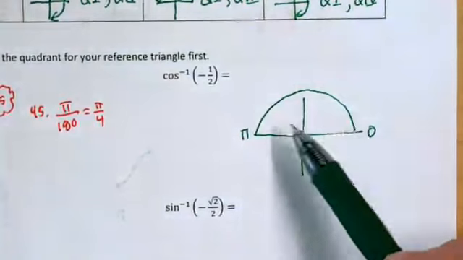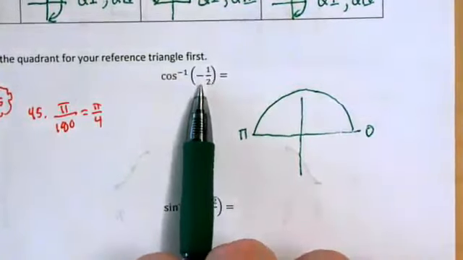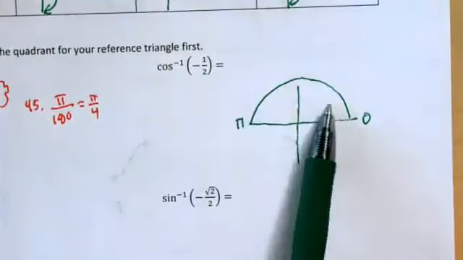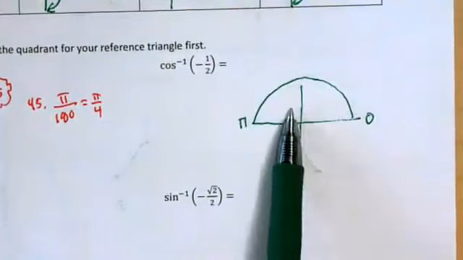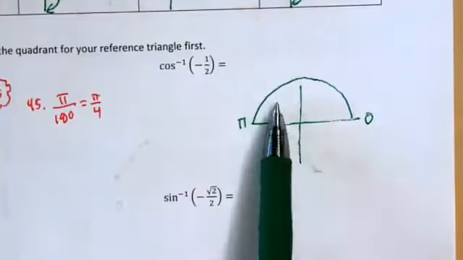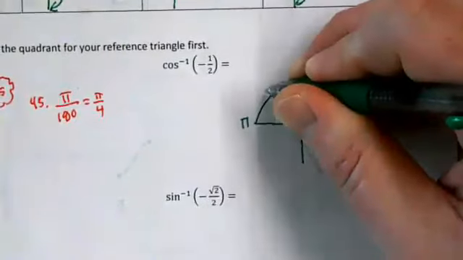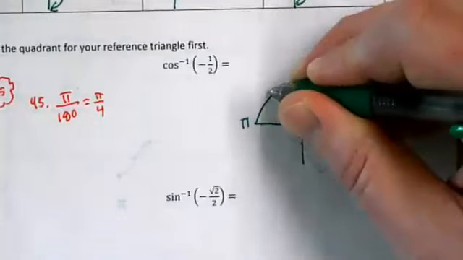Which one is it, quadrant 1 or quadrant 2? Focus on the sign of your ratio. Notice it's negative. Where's cosine going to give me a negative value? In 2. Also 3, right? But we can't use 3 because we're forced to stick to these. So because it's negative, we're dealing in quadrant 2 here.